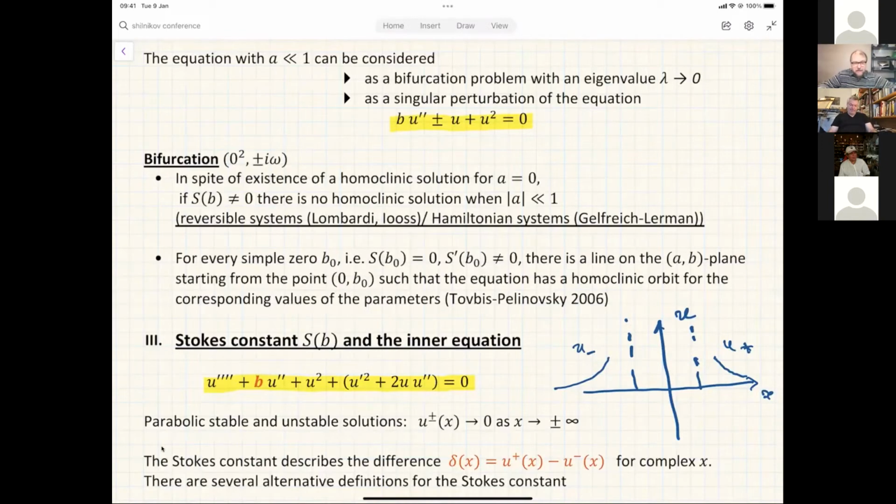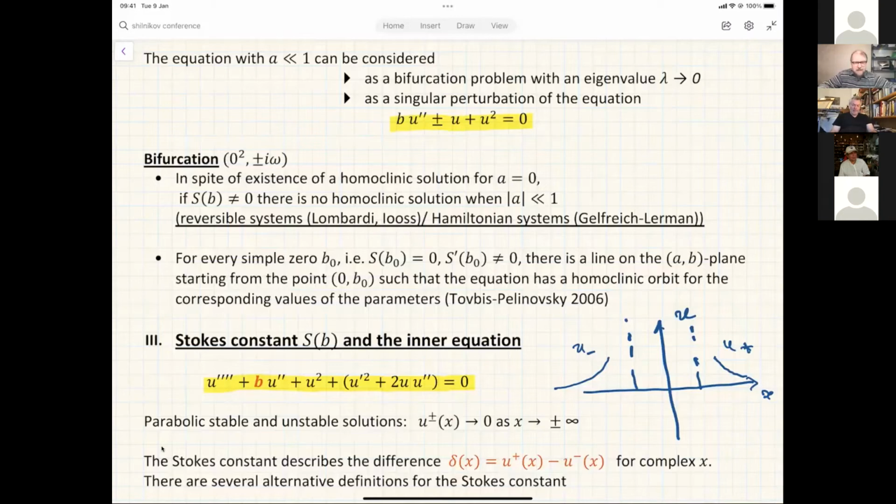But we can consider these solutions, u plus and u minus, for complex values of the variable x. And then it can be shown that if x is sufficiently large, somewhere near the imaginary axis, both u plus and u minus are defined for the same values of the variable x.